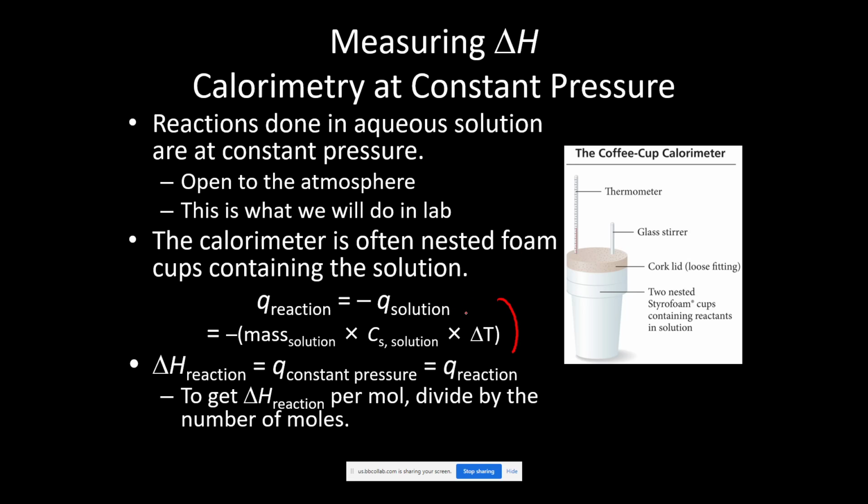Not only are you doing q equals mc delta T, but then you have to relate that to the reaction, and then you have to do what is essentially stoichiometry as well, relating how many moles of stuff reacted to that number of joules, usually, of heat that's released. So there's not going to be a question like this one on the exam. I wish I could, but I can't justify putting that on there. It would be a tough question for sure.